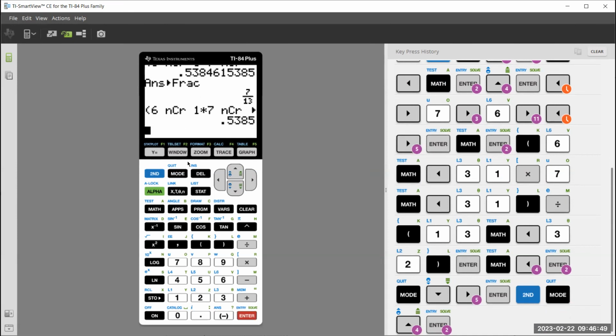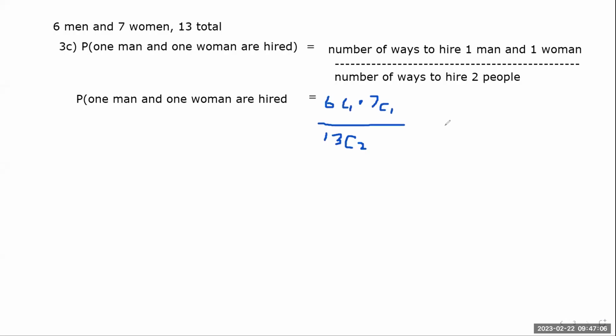So now this is going to equal, text, we have 0.5385.